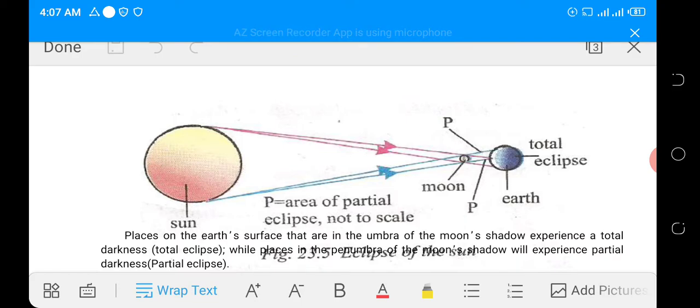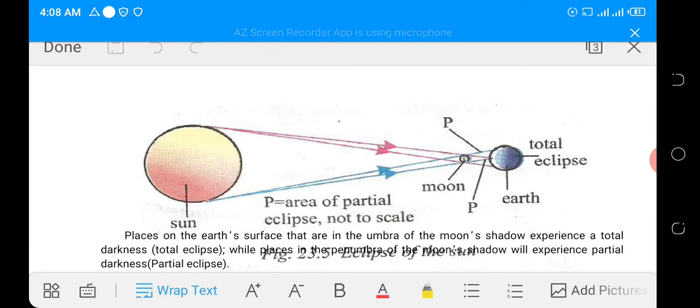Look at the sun, then look at the moon, as tiny as it is, very close to the earth. Then rays of light coming from the sun. Some of these rays are blocked by the moon, and some part of the earth cannot see the rays, while some will see the rays.